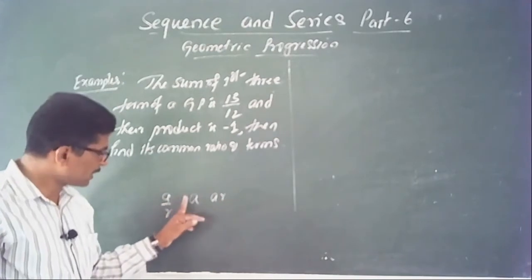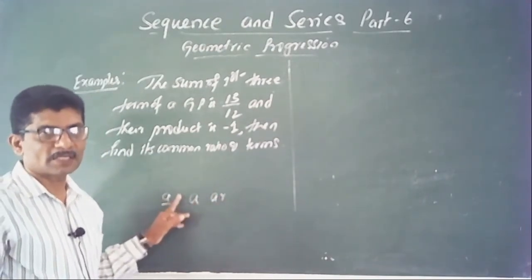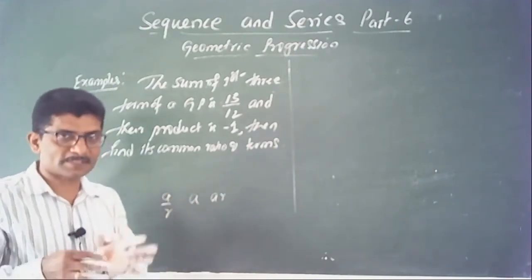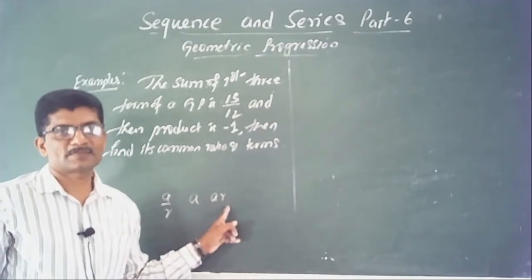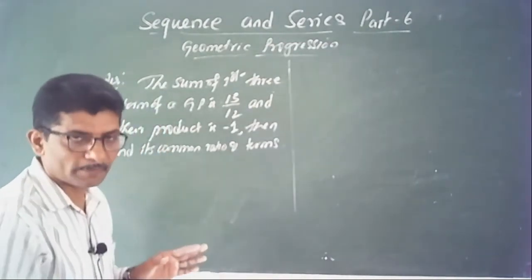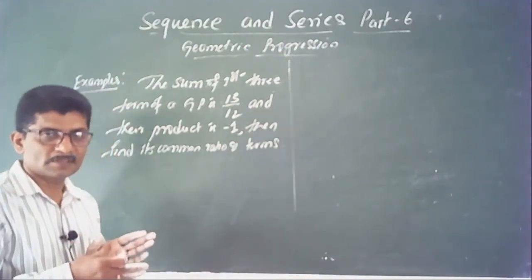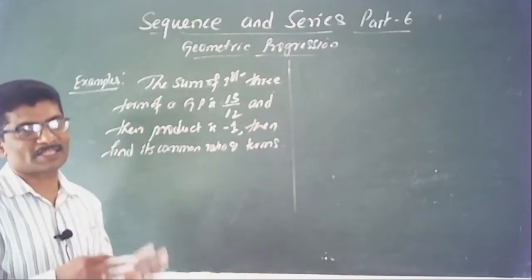Multiplying by r you get these values. Therefore a by r is the first term, then the second term is exactly a and the third term is ar. If you take this type of terms, you can solve these problems very easily.